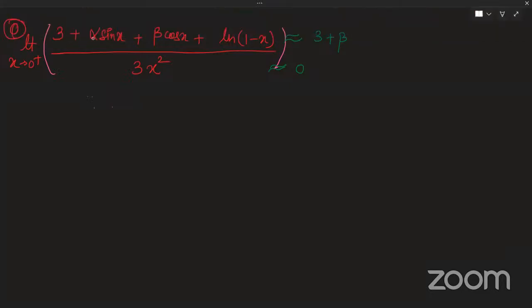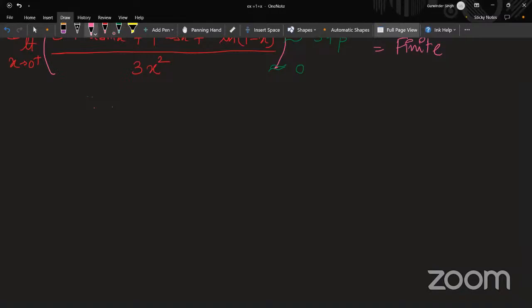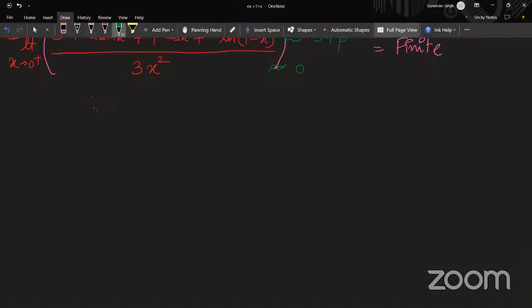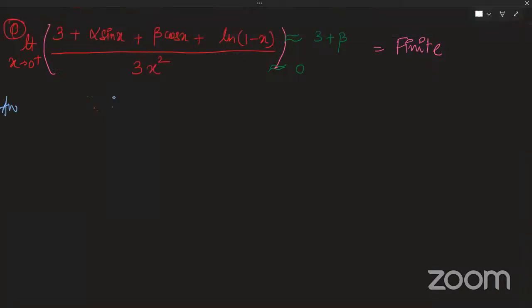So in order for this value to be a finite limit, like it is given to me that it has a finite value, what should be the value of beta for that? See, you have got 3 plus beta divided by 0.